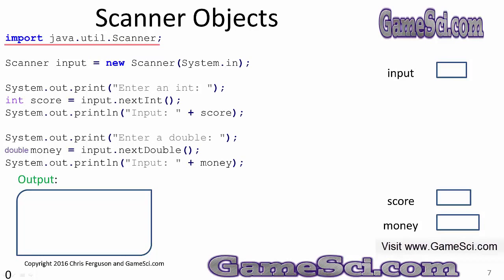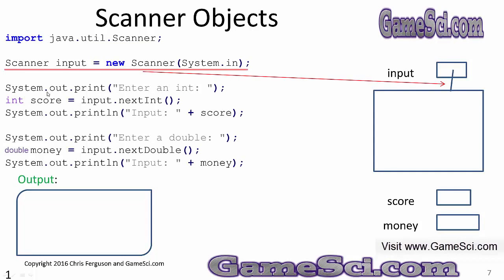Somewhere in the execution of your program, when you're ready to do keyboard input, you're going to have to build a scanner object. And in this case, input is the scanner object. You'll also notice this is a variable declaration. There's the type of the variable, Scanner. There is the name of the variable, input. And there is the thing that I'm assigning to it, a new scanner object.